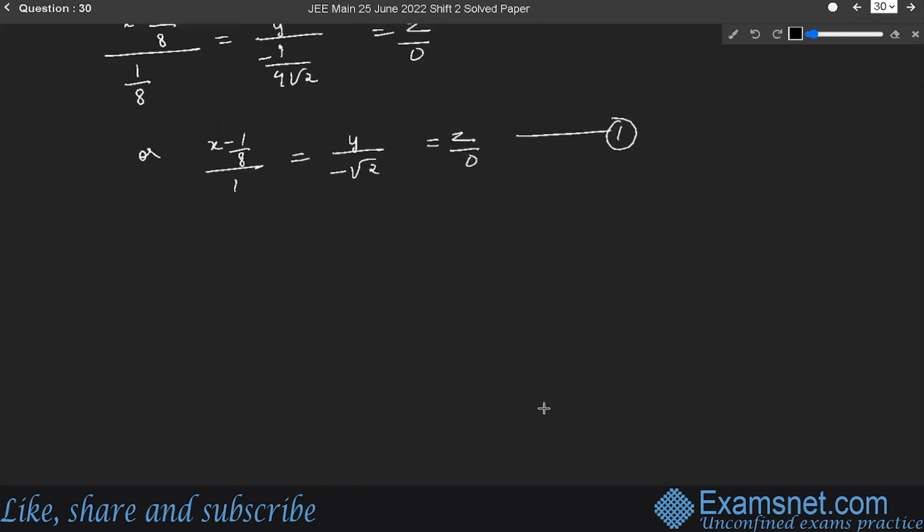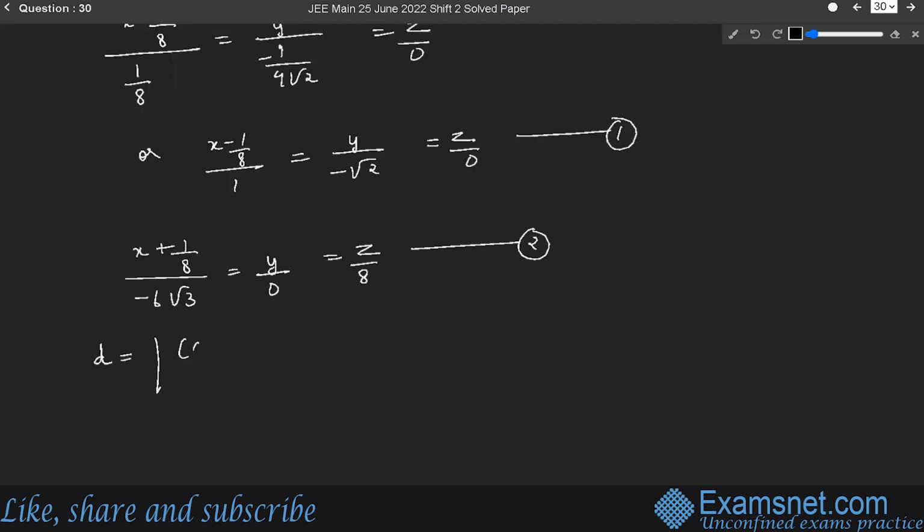Now, the equation for I2 will be (x plus 1 upon 8) divided by minus 6 root 3 is equal to y by 0 is equal to z by 8. Let this be equation number 2. Now, shortest distance D will be equal to mod of (C minus A vector) dot product (B vector cross product D vector) divided by mod of (B vector cross product D vector).